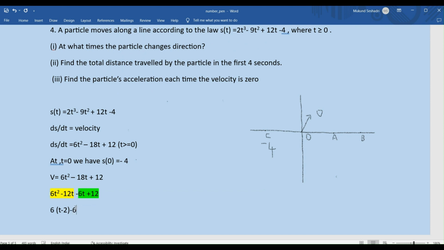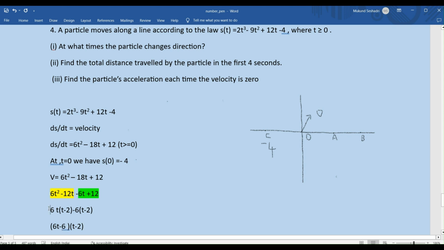So I pull out 6 again, and I have t minus 2. I can rewrite this equation as 6 times t minus 1 into t minus 2.